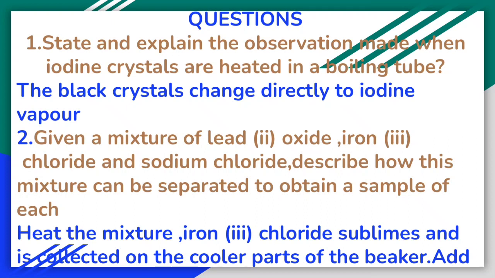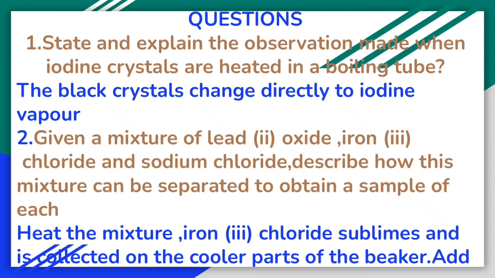Now, question number 2. Given a mixture of lead(II) oxide, iron(III) chloride, and sodium chloride, describe how this mixture can be separated to obtain a sample of each.